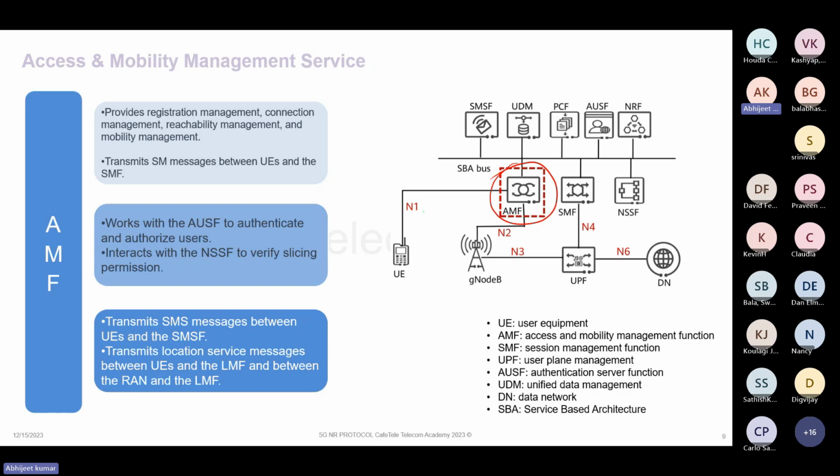This AMF manages your connection and makes sure you can send and receive data, like calling somebody, or IoT services or internet services. It helps the network keep track of your phone location wherever you move. It makes sure your phone is allowed to use the network during the entire scenario. So that's the plus point. So when I'm talking about the AMF, you remember the most important function of AMF is registration management.